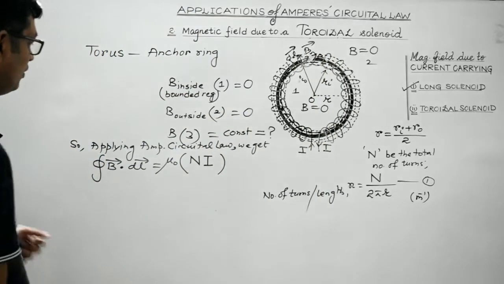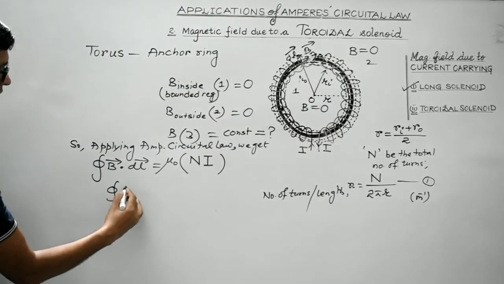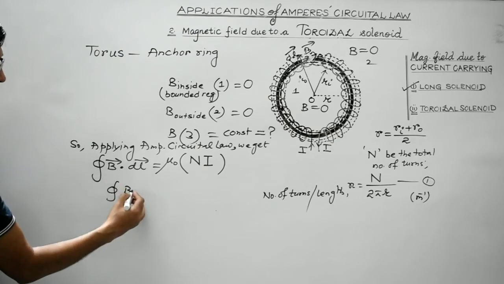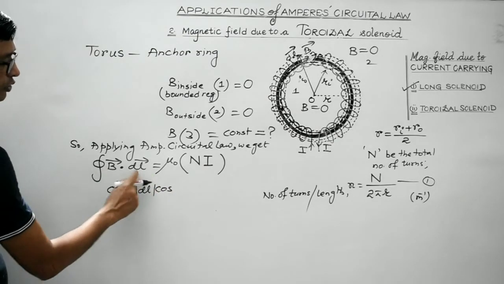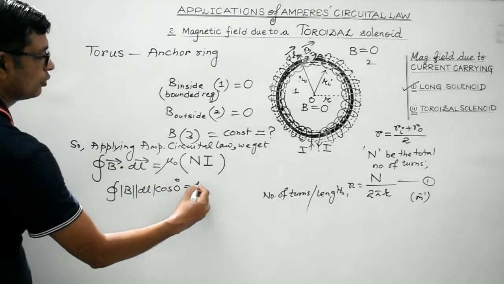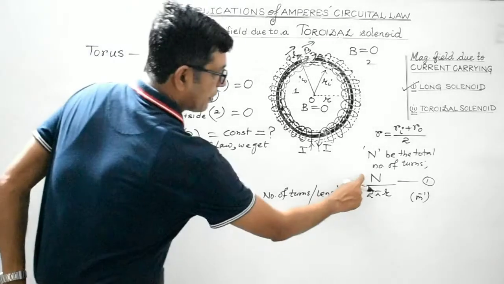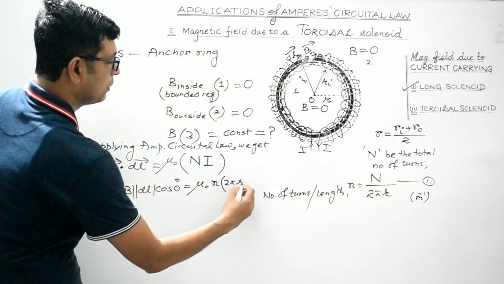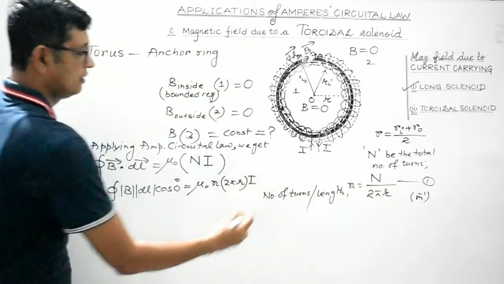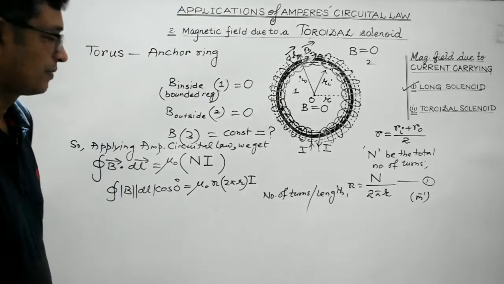It's 0. So what we get is B, this is a scalar product, the magnitude of B, magnitude of dl, cosine of the angle between these two, which is 0, equal to mu naught. In place of capital N, we can substitute as n times 2 pi r, multiplied by I. Clear students?